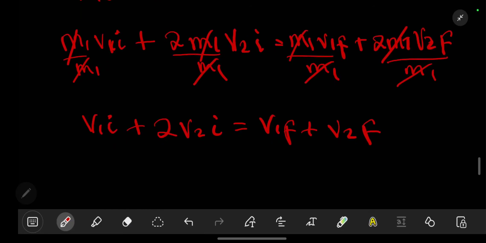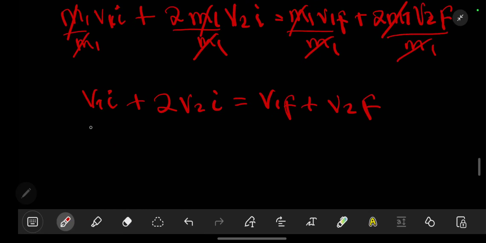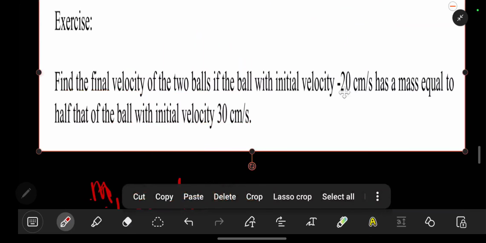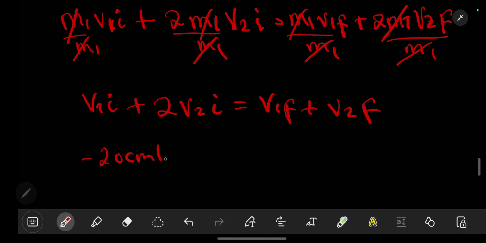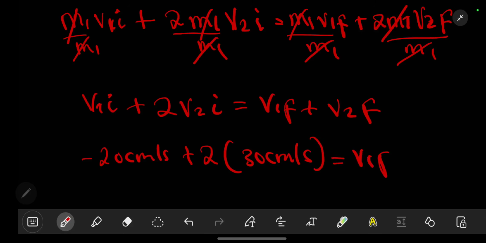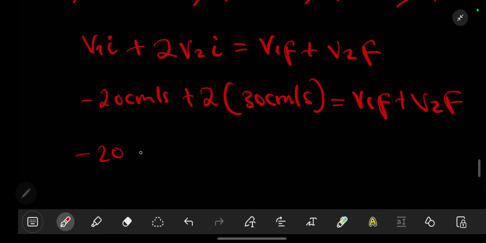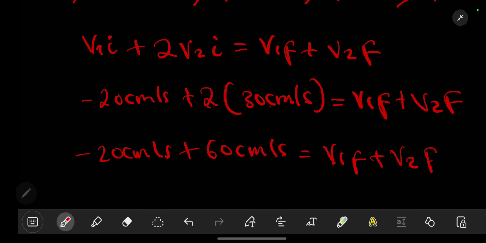Now we can replace velocity number 1, which is negative 20. So we put negative 20 centimeters per second plus 2 times 30 centimeters per second, according to what we have been told, should be equal to V1 final plus V2 final. So negative 20 centimeters per second plus 2 by 30, which is 60 centimeters per second, should be equal to V1 final plus V2 final.